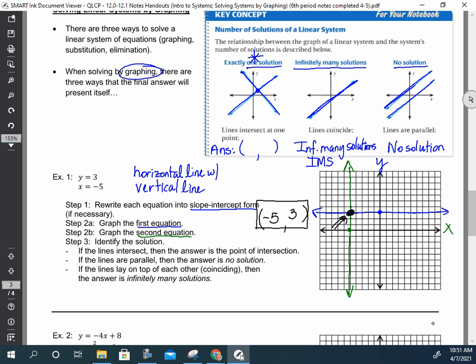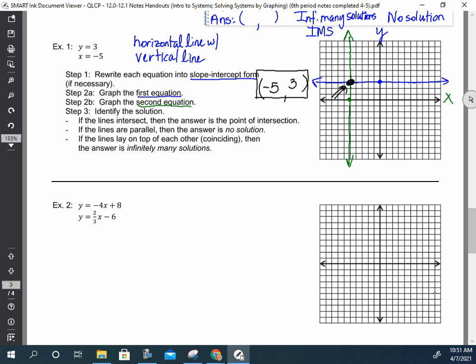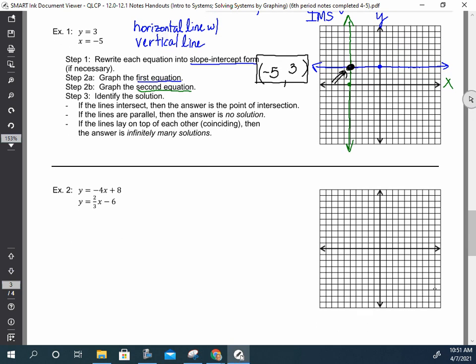All right. Of course, all of your lines are not going to be horizontal and vertical. So let's do some slanted lines. Slanted lines means y equals mx plus b is coming into play.